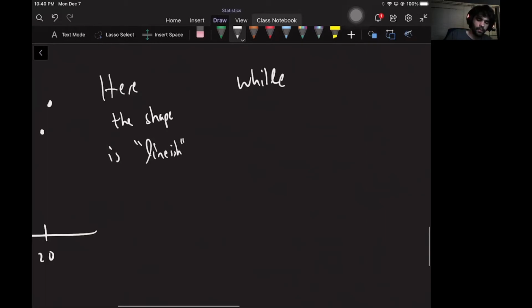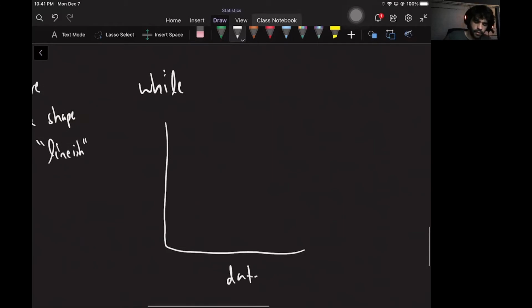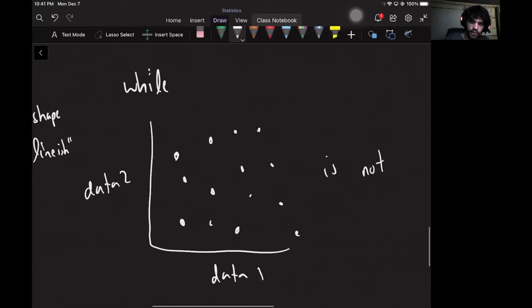So, oops, how do you spell things? Well, something like this is not line-ish, and I'm not going to bother with real data 1, data 2. But if the dots just sort of went all over the place randomly, well, there's not really a line-ish shape to them.